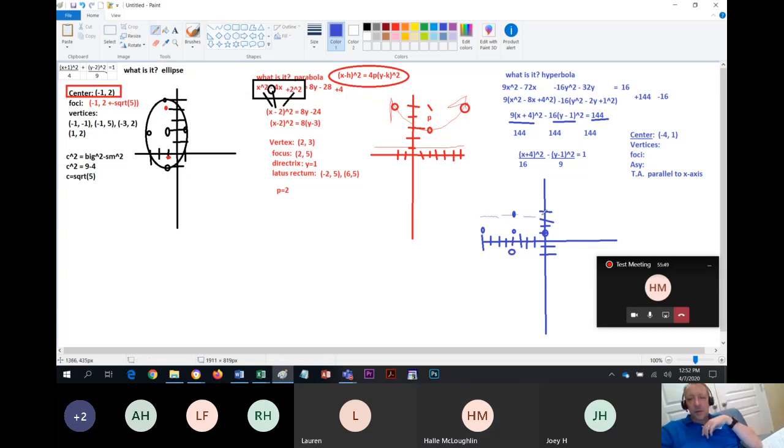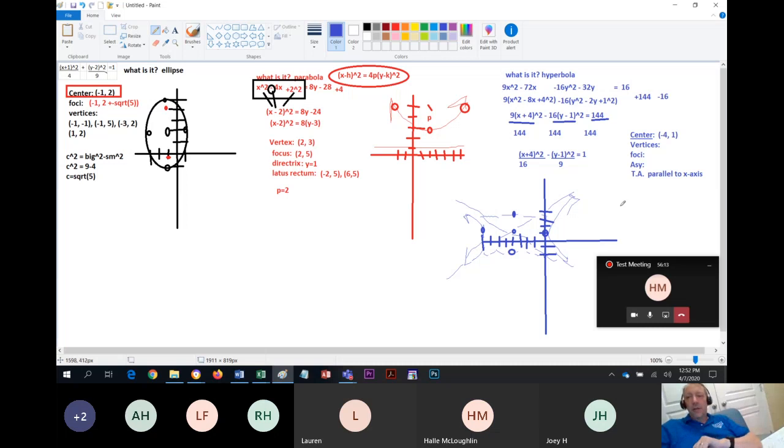So if I draw my box here, then I'm going to draw my asymptotes that go through the new center. Now my hyperbola is going to be right along like this and like that and like this and like that.